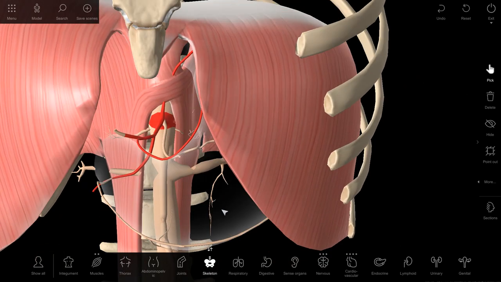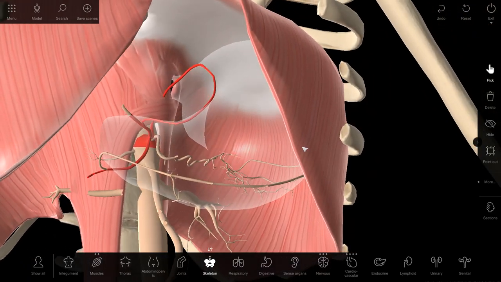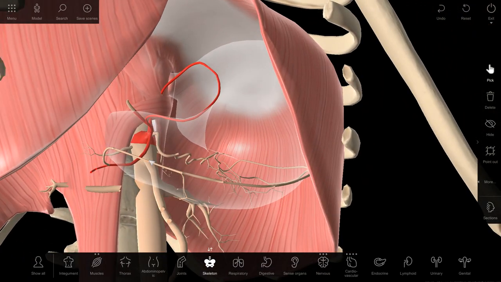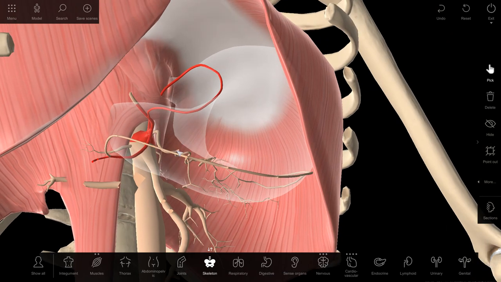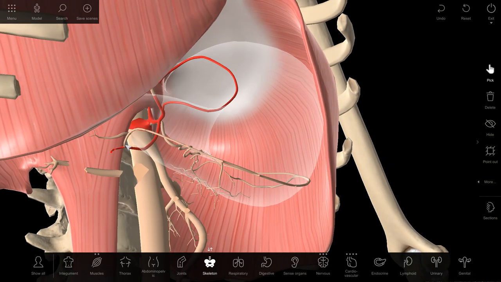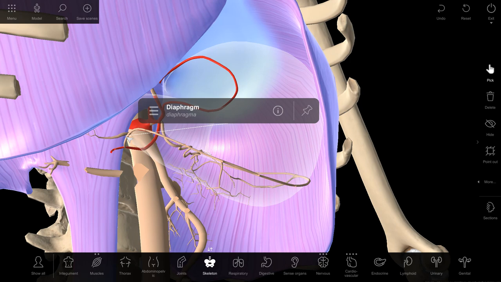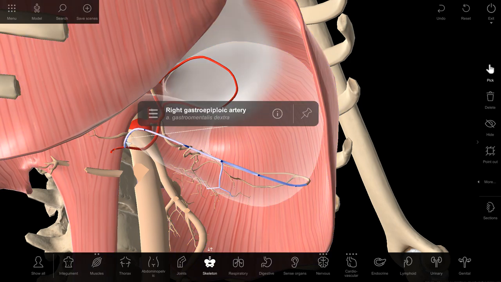Arteria gastroduodenalis runs downwards, and again a new branch, Arteria gastroepiploica dextra, appears from it.